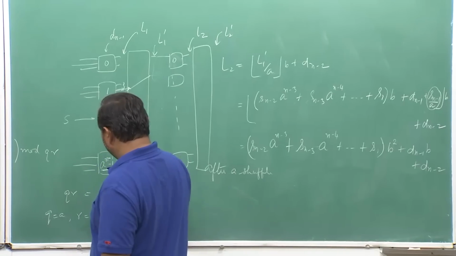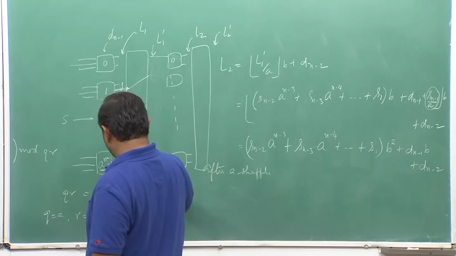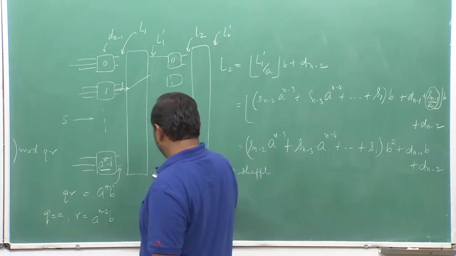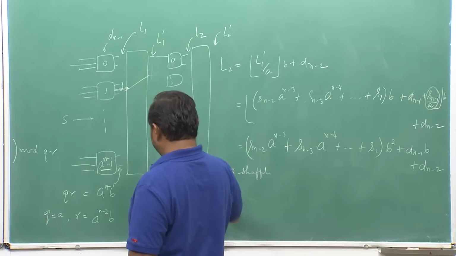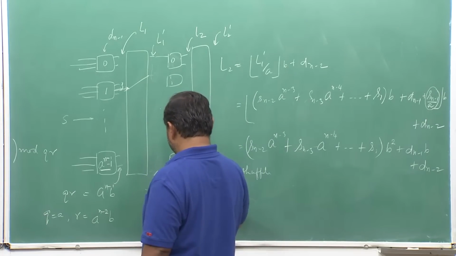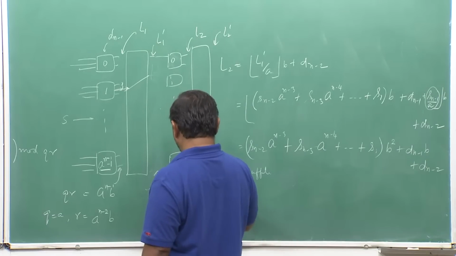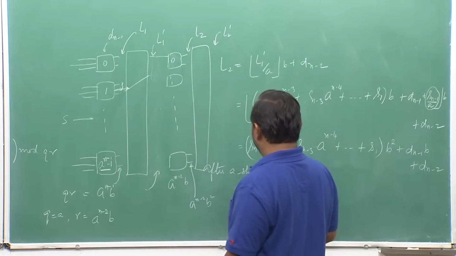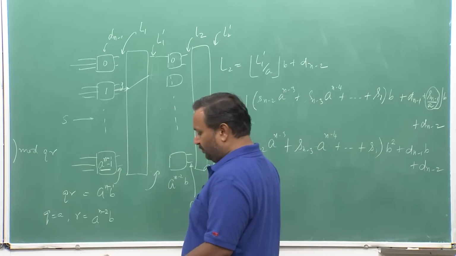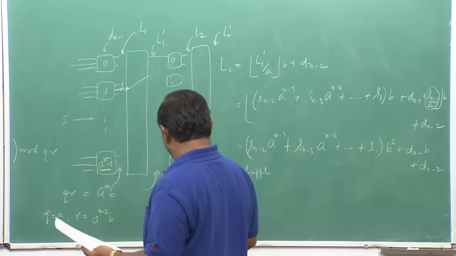You have A raised power n minus 1 into b number of elements here, same was present here. So, number of switches which was there A raised power n minus 2 into b. So, number of lines which are going to be here is A raised power n minus 2 into b square. Okay. So, that is the number of QR objects which are present.